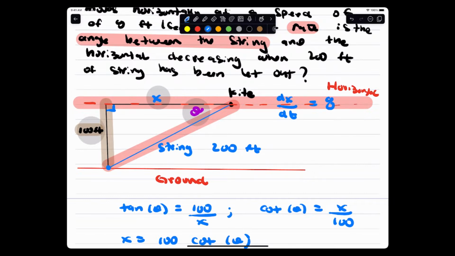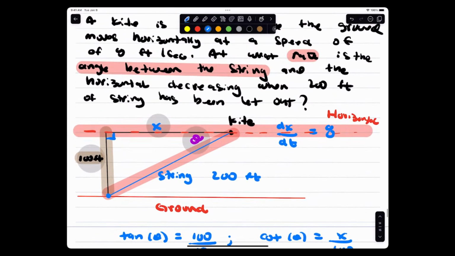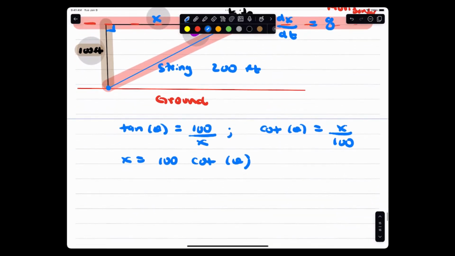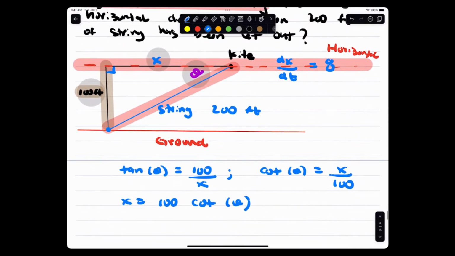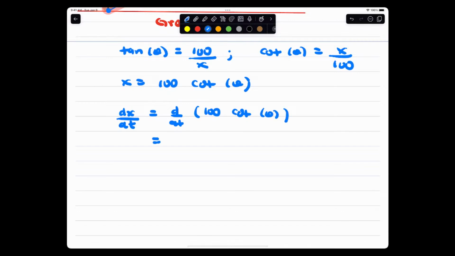All right, I got my geometry. I got my triangle. Now, what do I do with this? We need the related rates equation. Is that right? So, dx/dt will be d/dt of 100 cotangent theta. Okay.